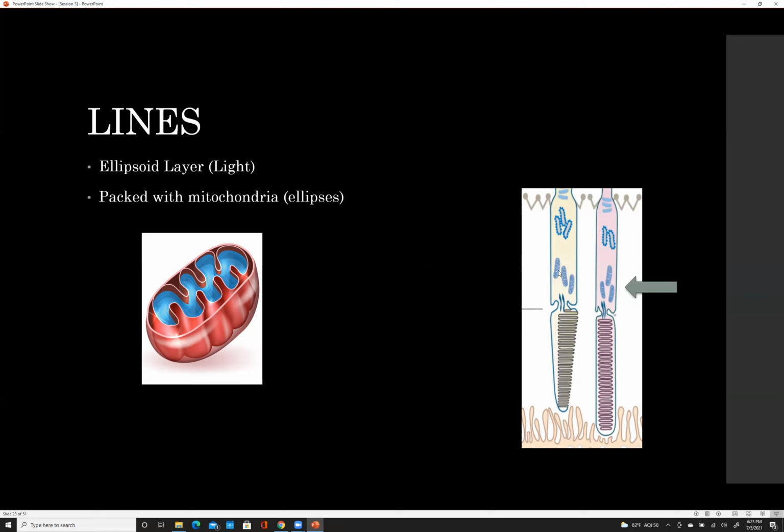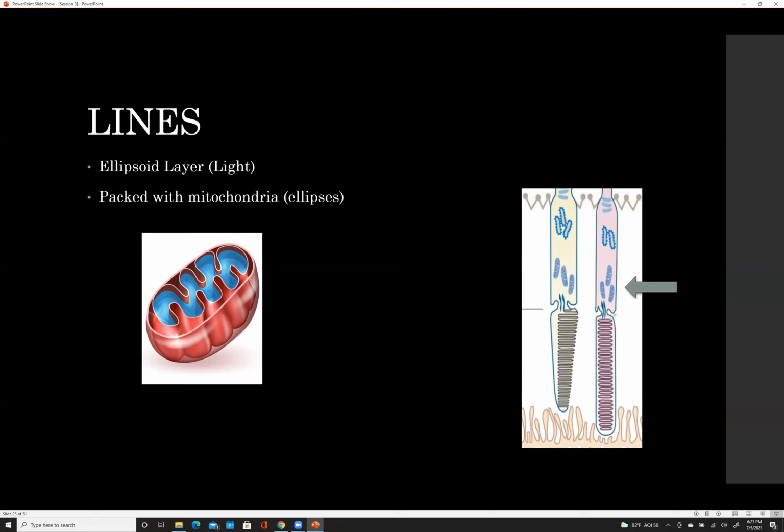And then this dense part, I like to think of it, if this was a glass, like a sedimentation of all the mitochondria that sit at the bottom of the inner segment. It kind of sits down and collects, almost like some kind of drink where all the fruit collects at the bottom. Basically all of the mitochondria collect at the bottom. And so you get a hugely reflective line.